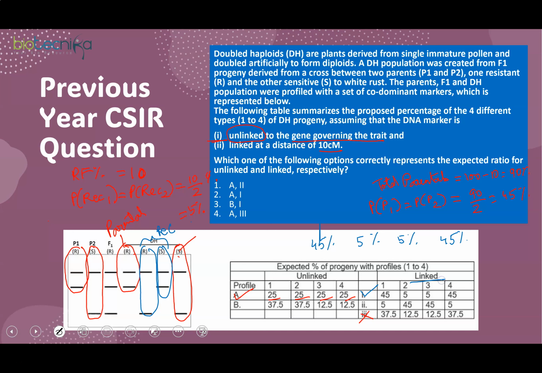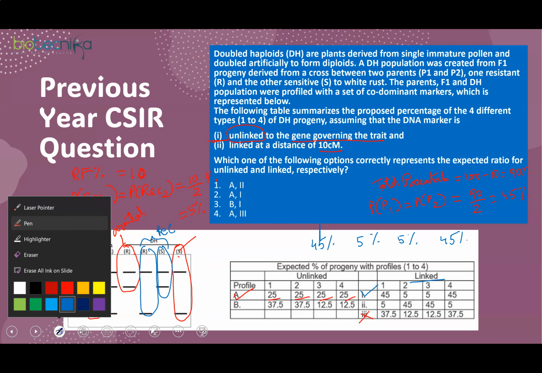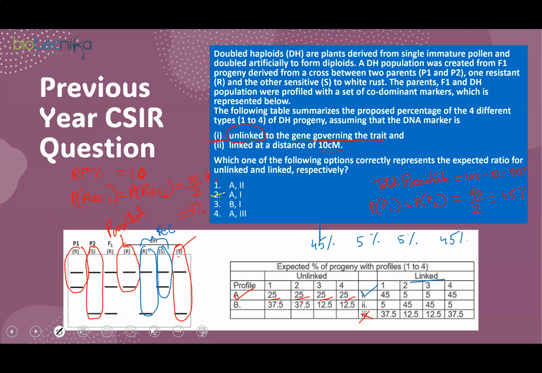For linked, the profile we expect is profile 1. So the answer here will be option 2, that is A for unlinked and the profile of 1 for linked. A and 1 will be the answer.